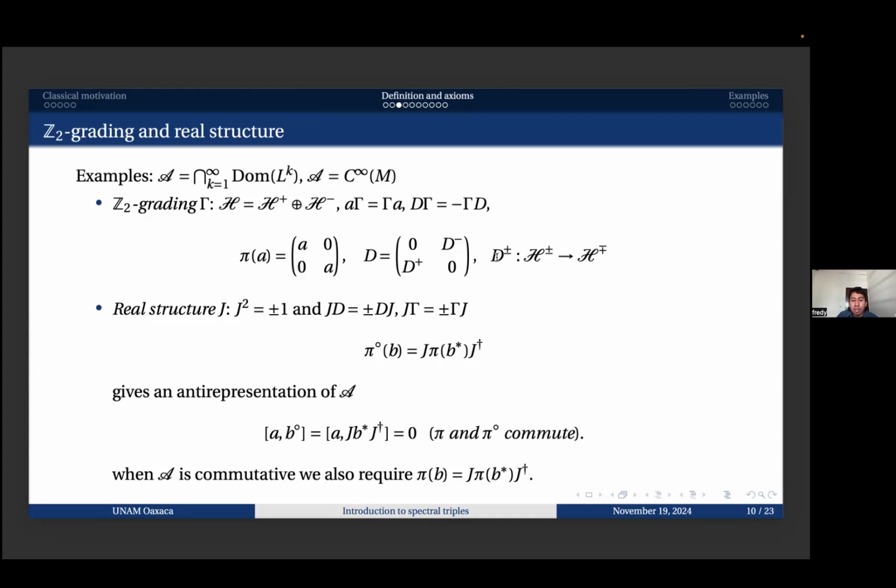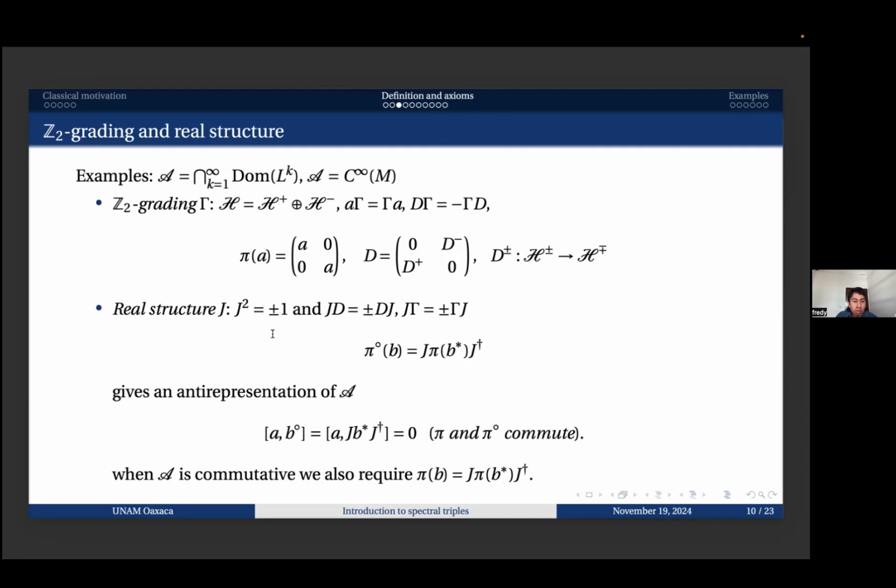And it is important to say that D plus and D minus just change the Hilbert spaces in this Z2 grading.